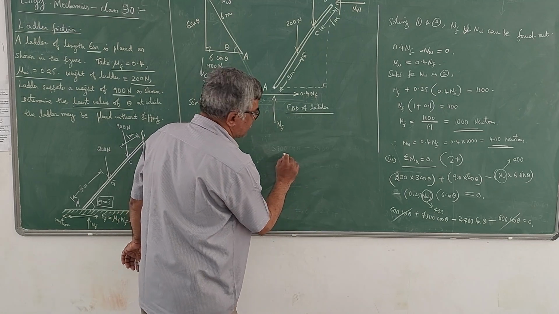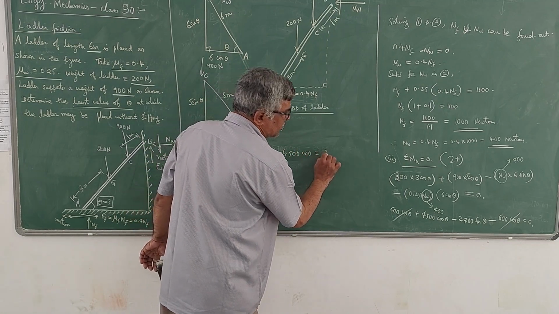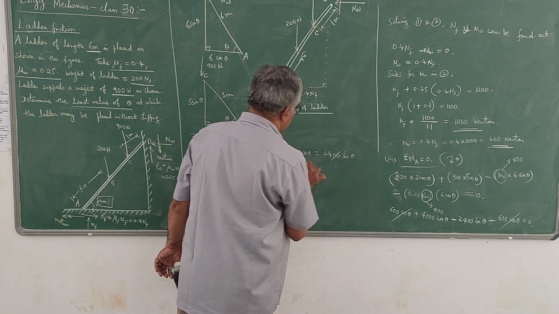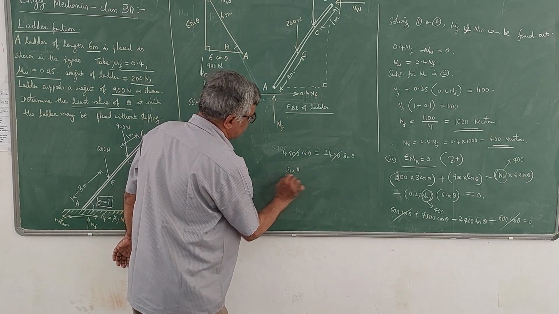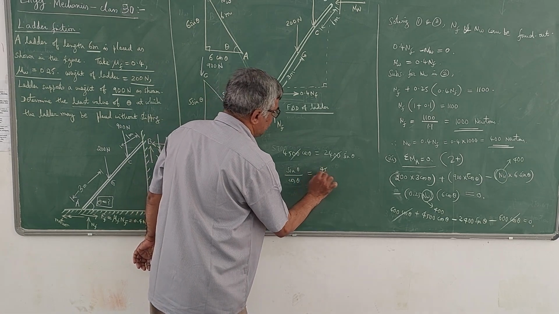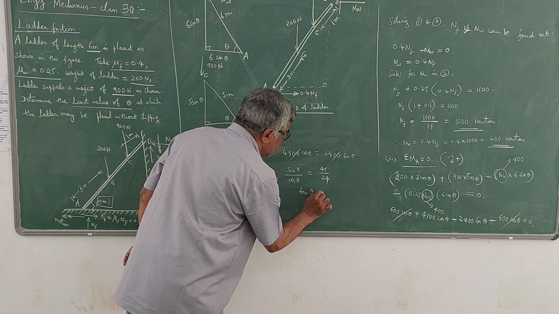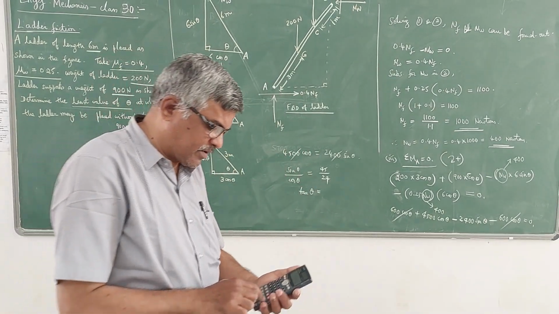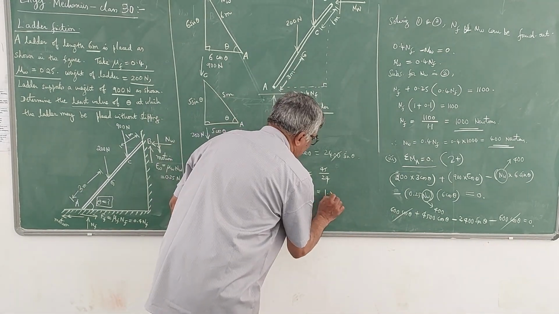So it becomes 4500 cos theta is equal to 2400 sin theta. Otherwise we can write sin theta by cos theta is equal to 45 by 24, that is tan theta is equal to 45 by 24. 45 divided by 24 is equal to 1.875.